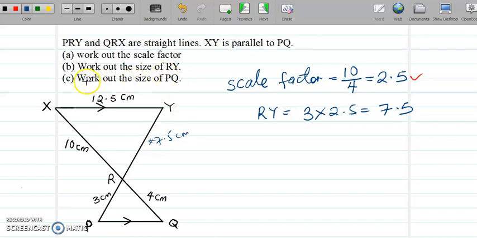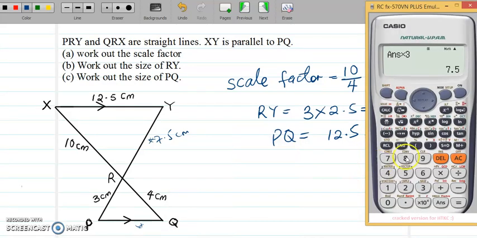Now for us to work out the size of PQ, we want to reduce this to this, so we divide by the scale factor. So PQ is 12.5 divided by the scale factor 2.5.